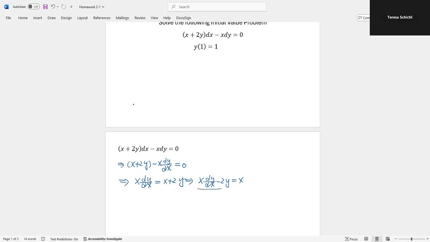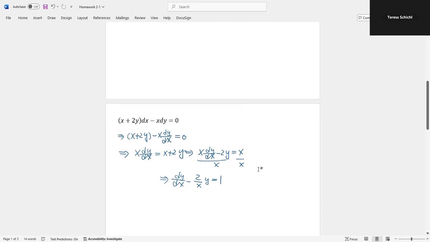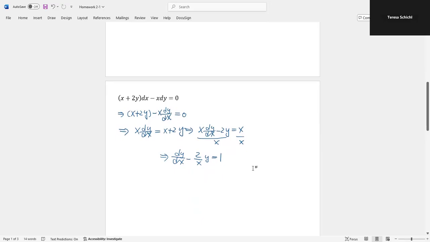Then I can divide by x on both sides. This gives dy/dx - (2/x)y = 1. Wow, this turns out to be very beautiful. This is just a first order differential equation in the ordinary form.